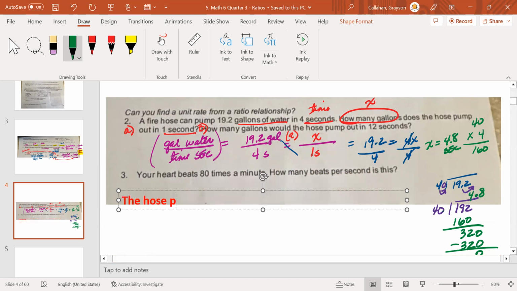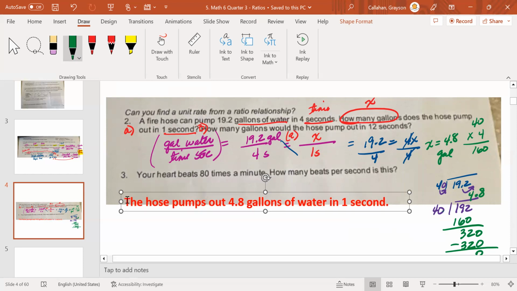The hose pumps out, or it's not seconds, sorry, it's 4.8 gallons, right? The hose pumps out 4.8 gallons of water in 1 second. So that's your response for part A.